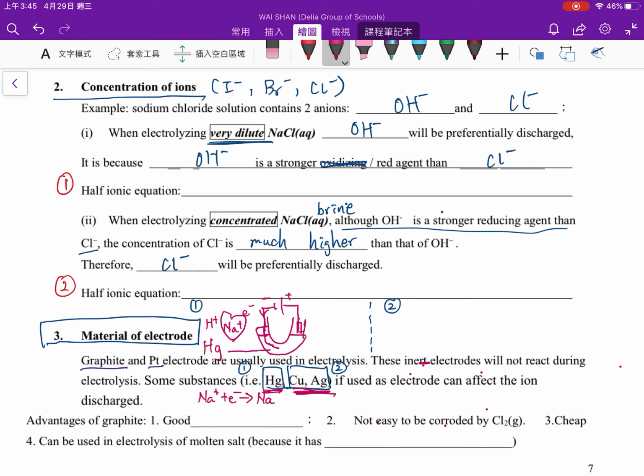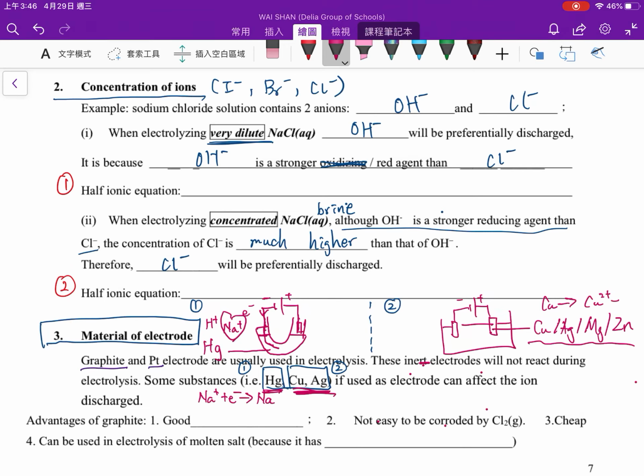And another case is if silver, copper, or any other kind of metal electrode is connected to the positive of the electrolytic cell, for example, here is copper, silver, or magnesium, or zinc, or other metal, then because they are reactive, they are not inert electrodes, they are reactive electrodes.